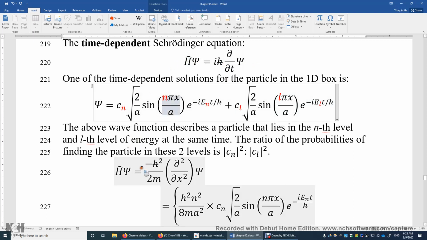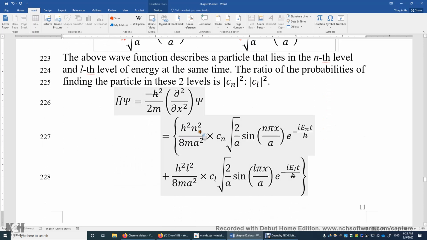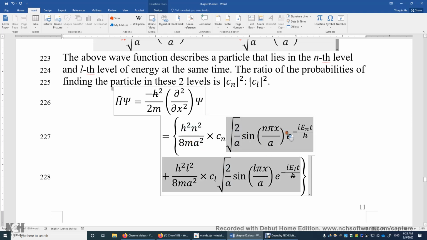So the left-hand side is each side. So I'm going to apply this kinetic energy operator to psi because the potential energy is 0. Alright, so when I do that, I apply the kinetic energy to the left-hand side and right-hand side separately. This is the eigenvalue for this function, and this is the eigenvalue for this function.